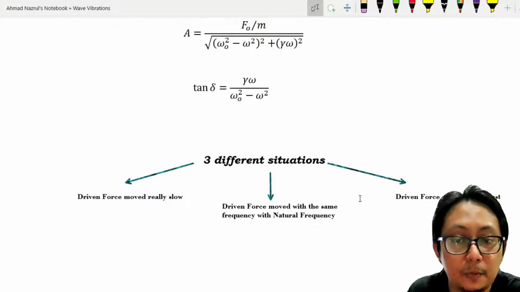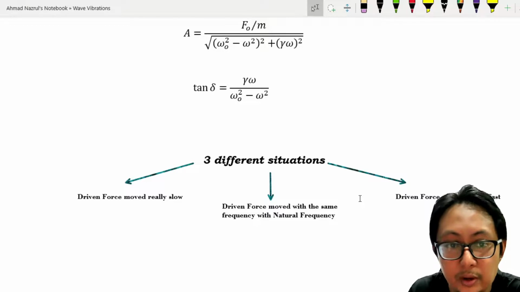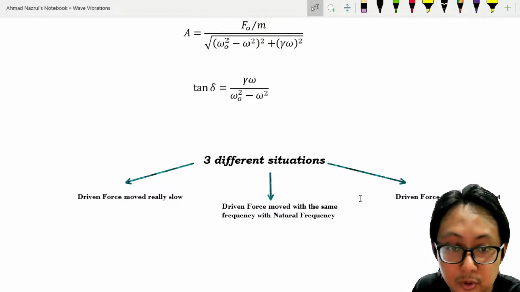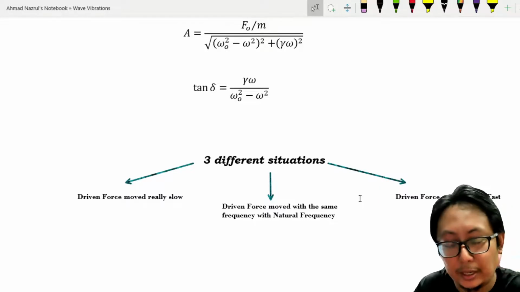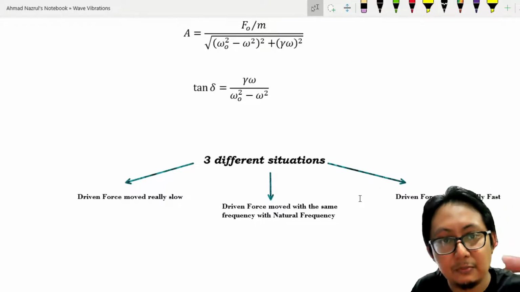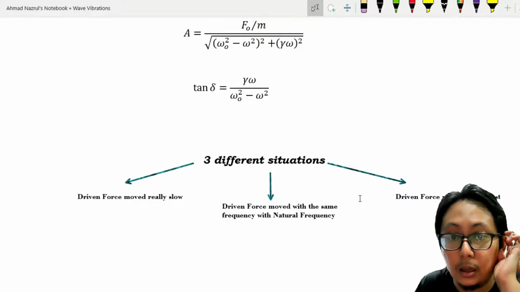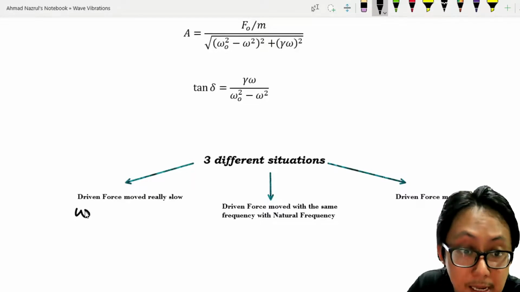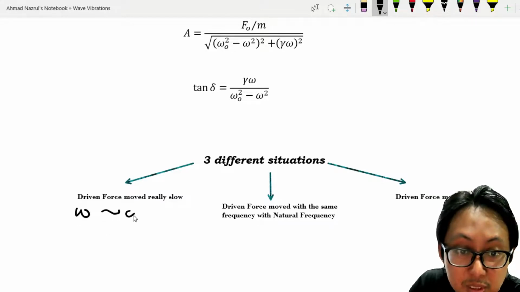For the three different situations, the driving force means the force given to the MassSpring system. Imagine that we have a baby swing there. The system will take a very small frequency. The frequency omega is really small, very near to 0.